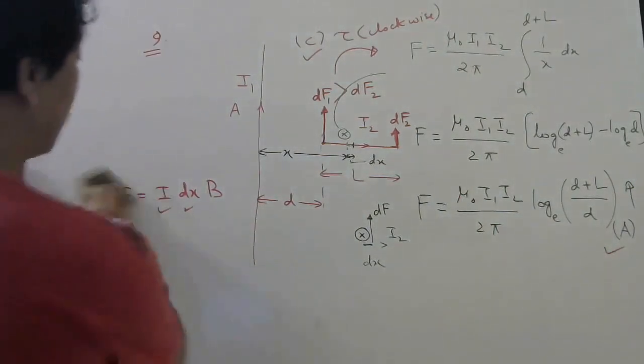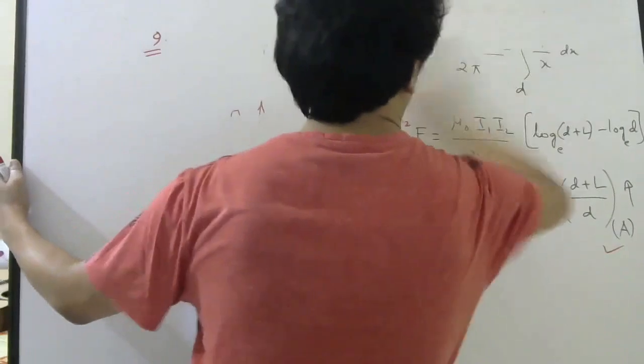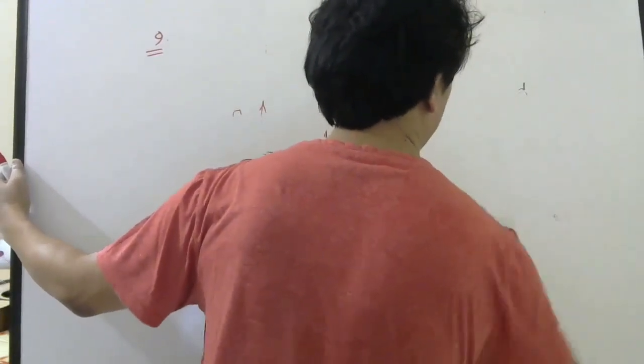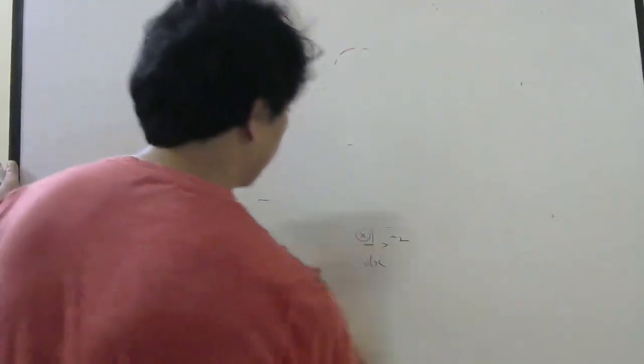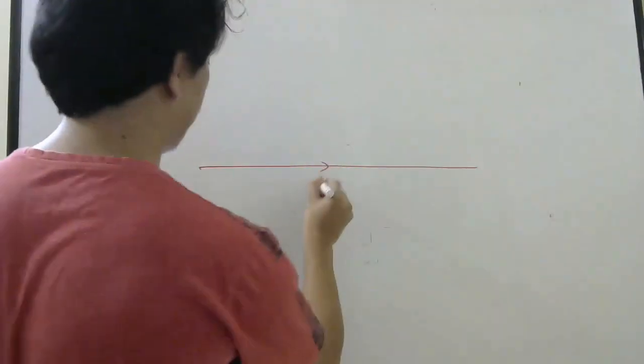Question number 10, you see now. In question number 10 they are saying a long horizontal wire AB rests on the surface of a table and carries a current I. This is the long wire AB.